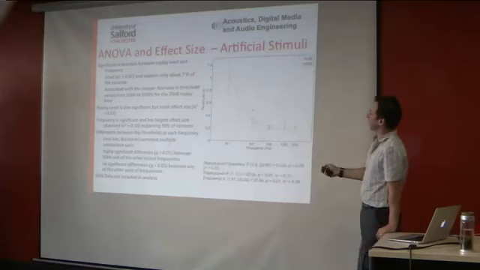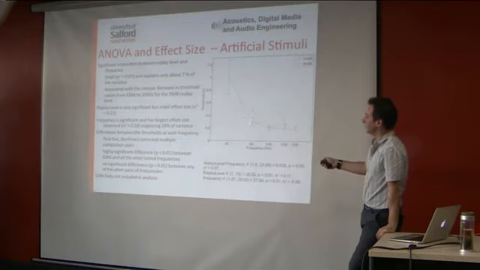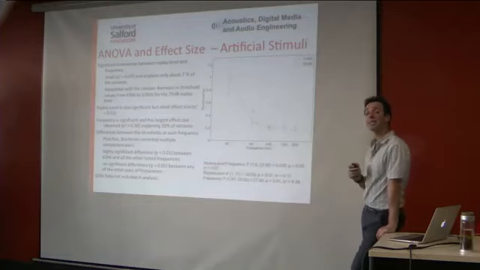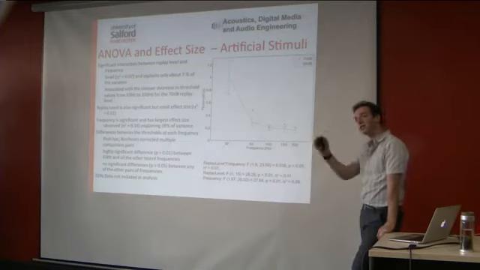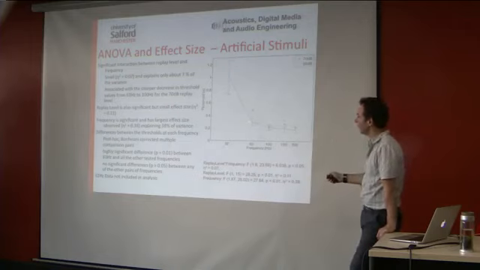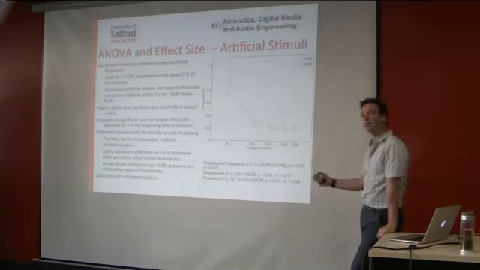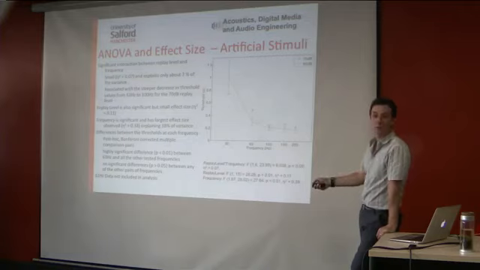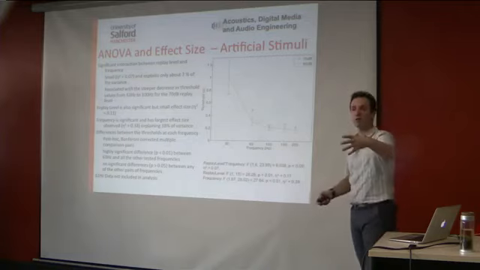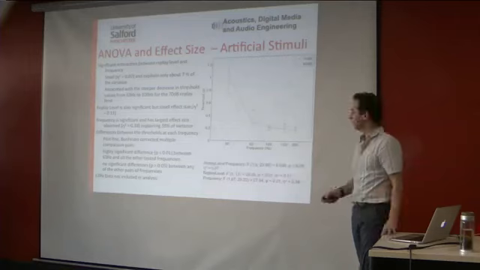And what the analysis tells us is there is a significant difference between the thresholds at, say, 63 Hertz and the thresholds at 100 or 150 or 200. But I don't know exactly where those differences are. Remember, the ANOVA tells you there is a significant difference between one or more points and some of the other points, but it doesn't tell you where they are. If you want to do that, you need to do a paired comparison statistical analysis, which needs proper correction, so you need to factor that in.